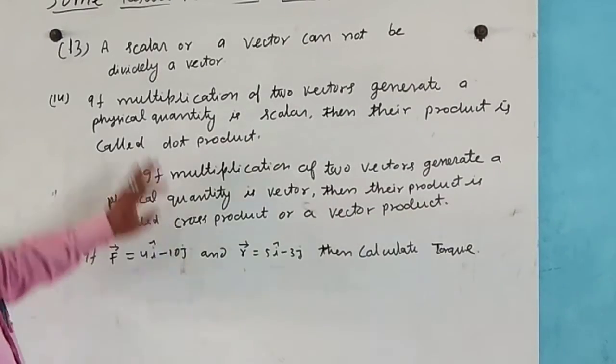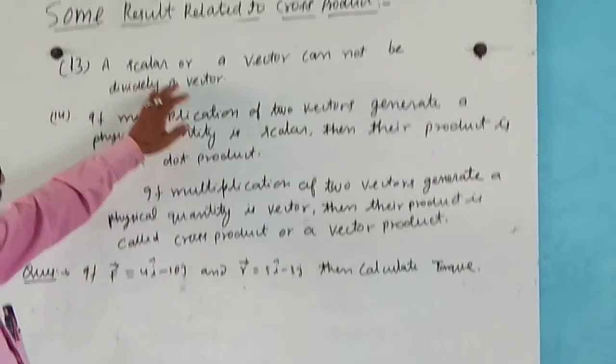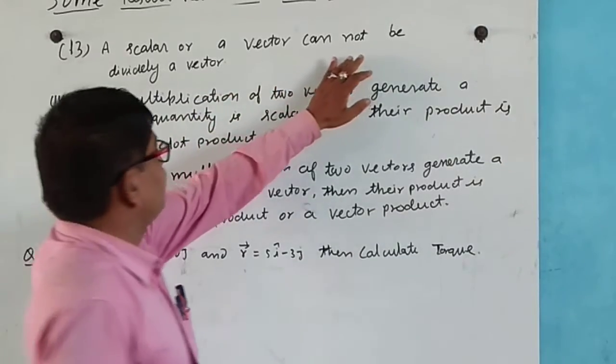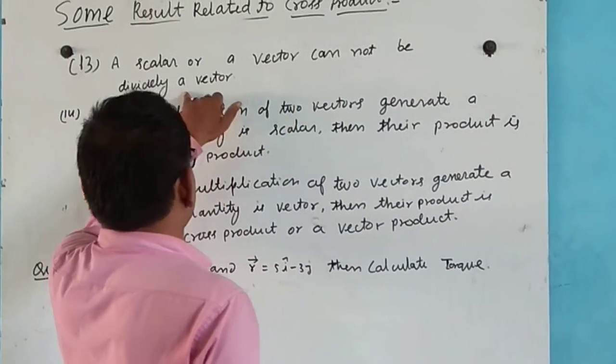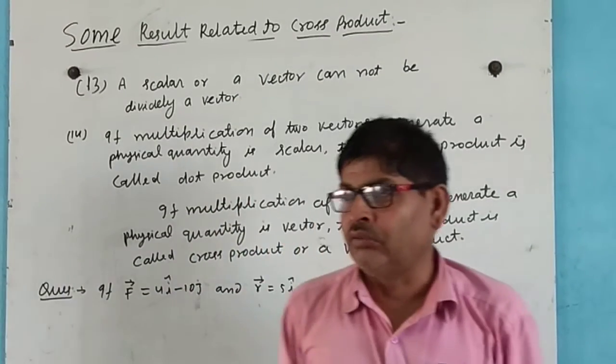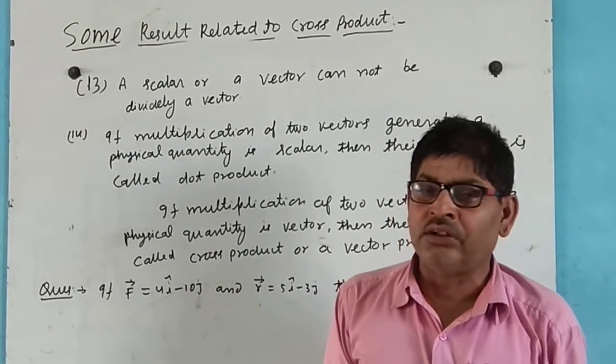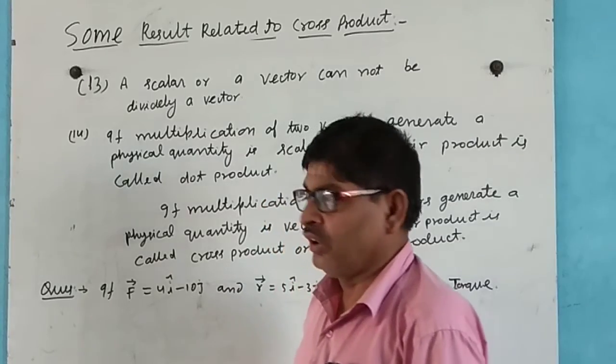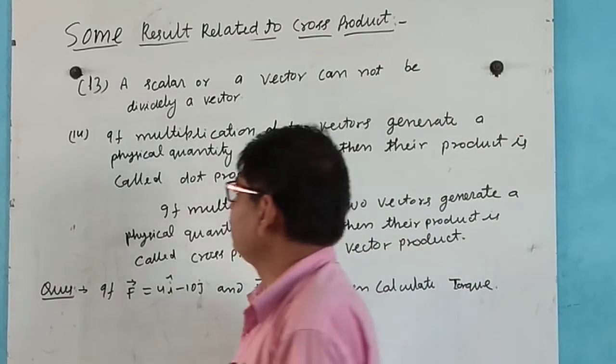A scalar or a vector cannot be divided by a vector quantity. Vector quantities are not used to divide a scalar or a vector quantity.